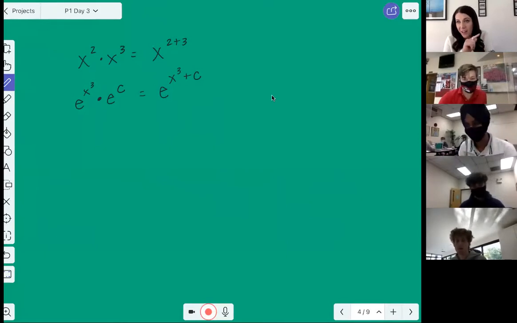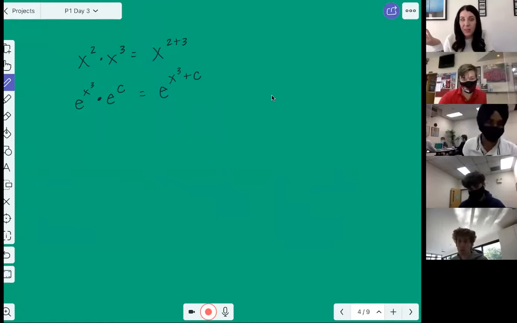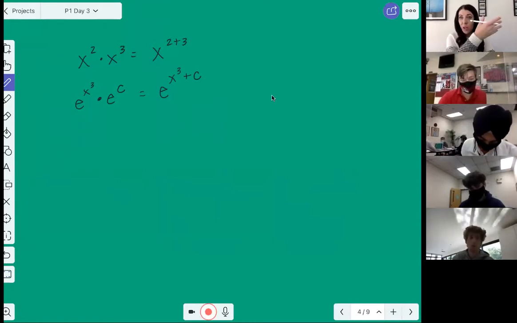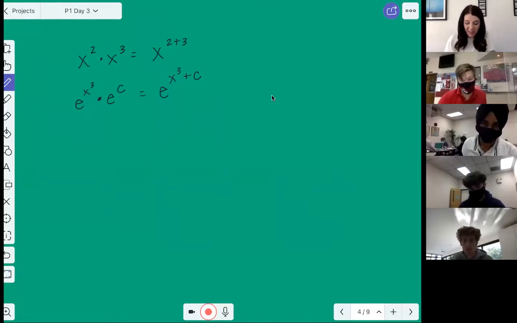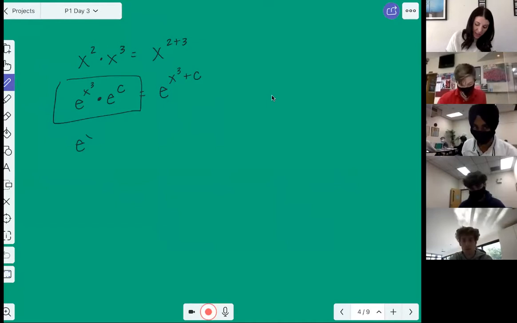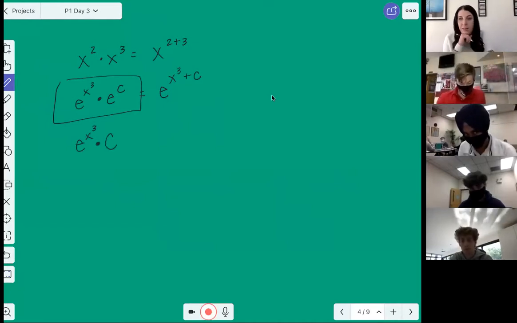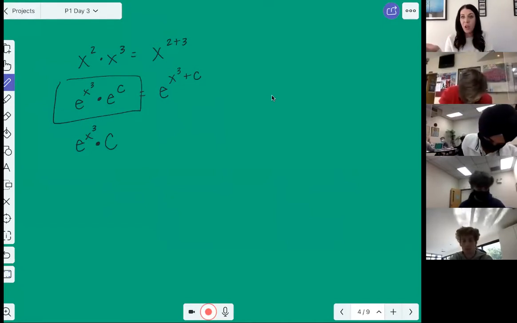So by that logic, e, which is a number, it's 2.7 something, e raised to a constant is also just a constant, meaning that this thing is equal to e to the x cubed times a c, right? It's just some constant. We haven't solved for it yet. So e raised to a constant is also just a constant.